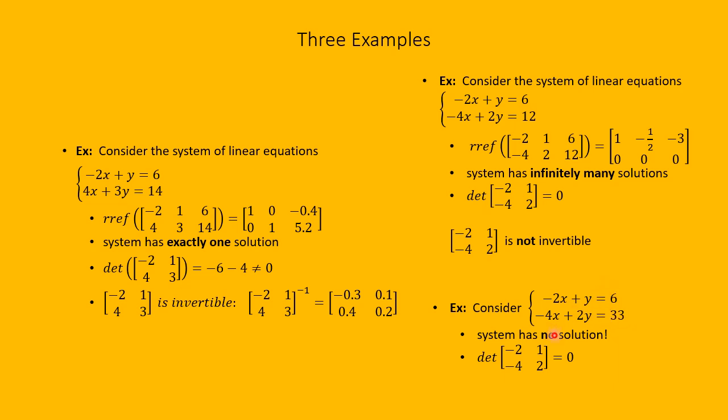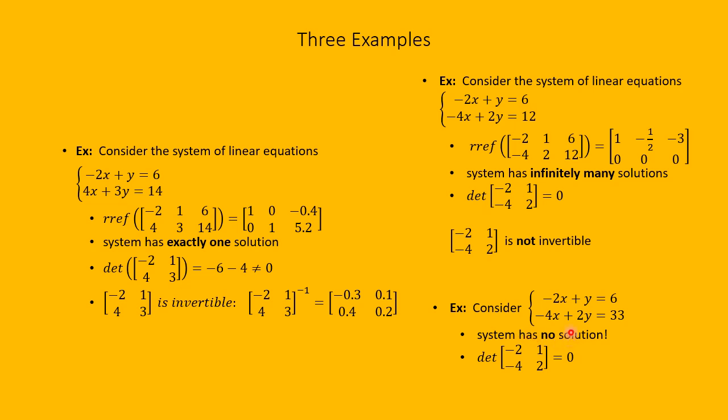So this system of linear equations has no solution, and just as we had up here, the determinant of this matrix is 0. So what we've seen is three separate systems of equations. If the determinant of the coefficient matrix is 0, we could either have infinitely many solutions or no solution.